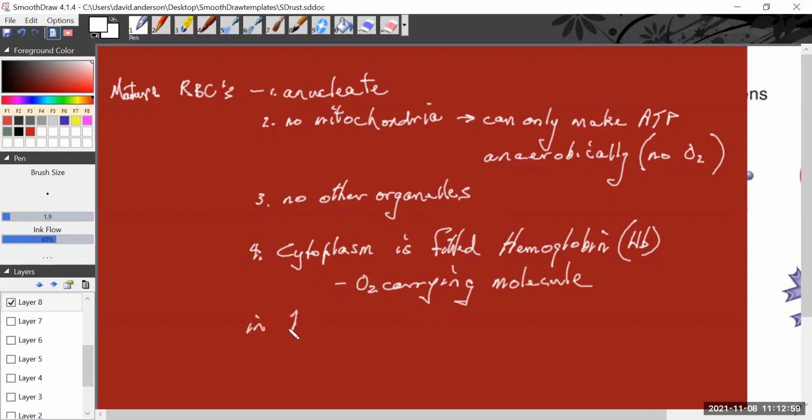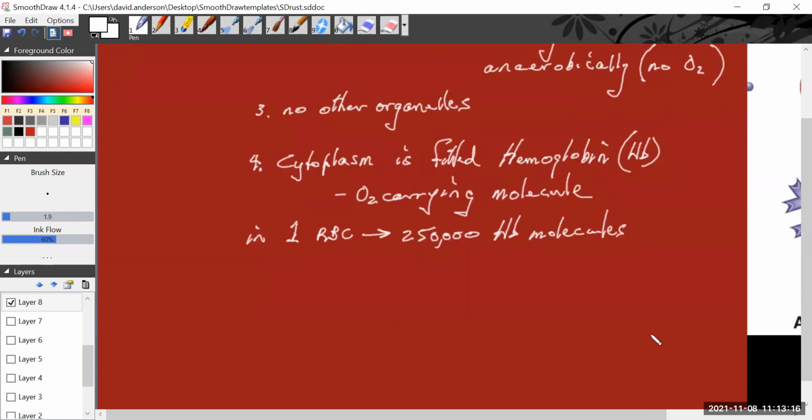In one red blood cell, there will be somewhere in the vicinity of 250,000 hemoglobin molecules. Each hemoglobin can bind, which means carry, 4 oxygen molecules.